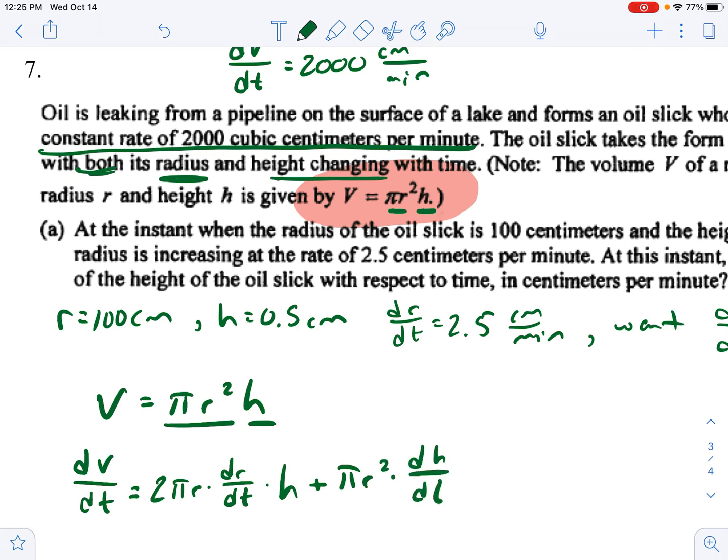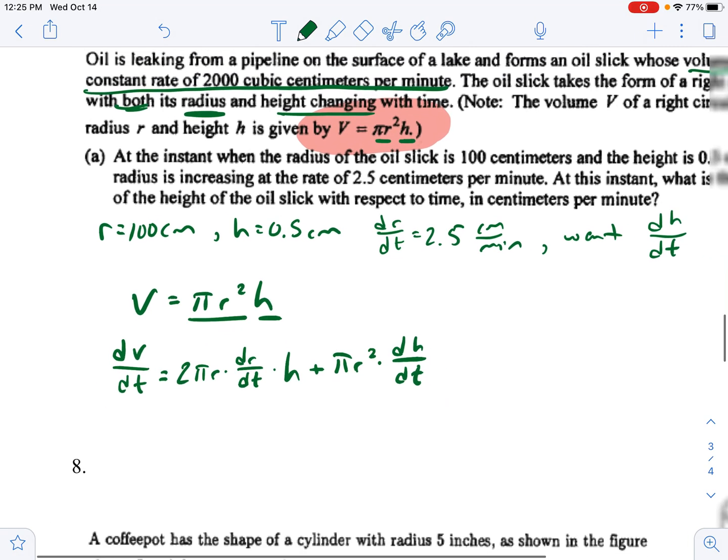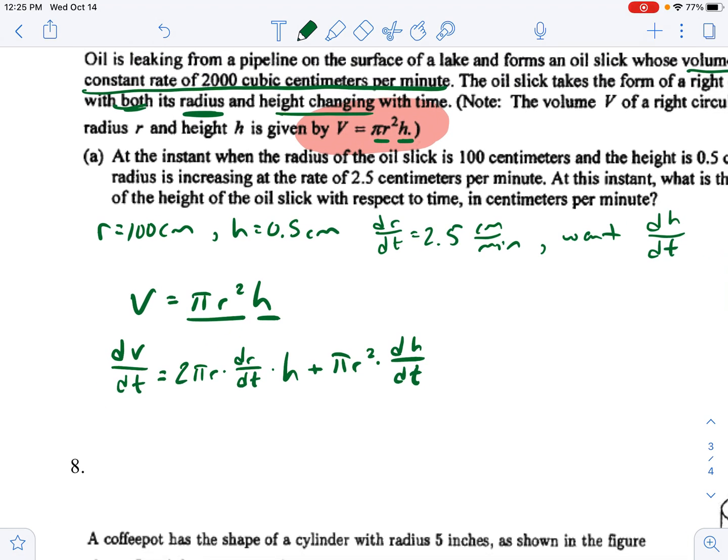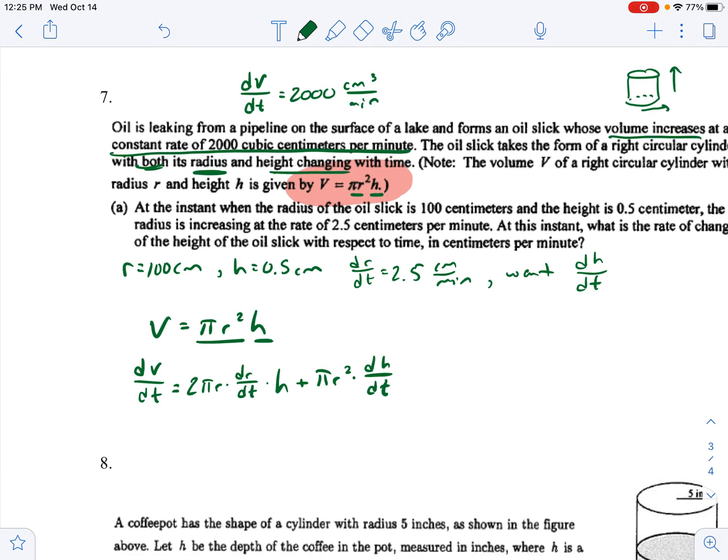Plus, keep the pi r squared times the derivative of h with respect to t. And there is our derivative. And if we now want to solve for dh dt, we've got to know everything else. And I think we do here. dV dt, they told us, was the constant 2,000. R is 100. dr dt, 2.5. H, 0.5. R, 100. And then dh dt is what we're looking for.